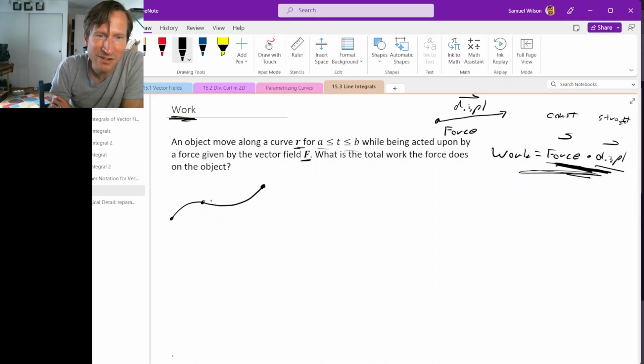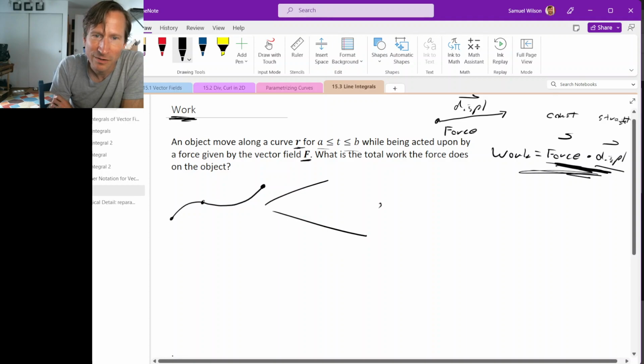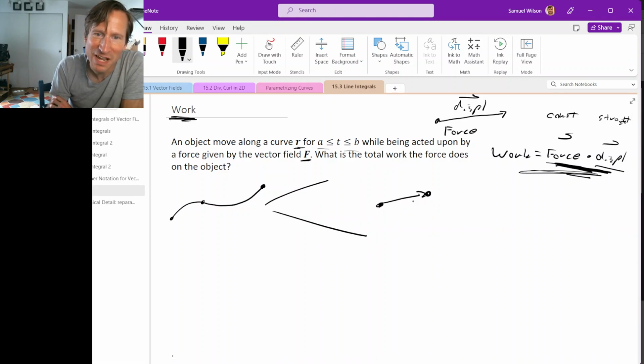So if we zoom in on a single point, to get to the neighboring point, we have some displacement, right? This is a small chunk of the path. How large is this displacement, or what is this displacement vector?